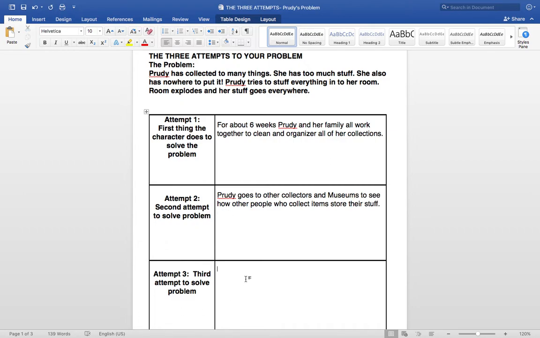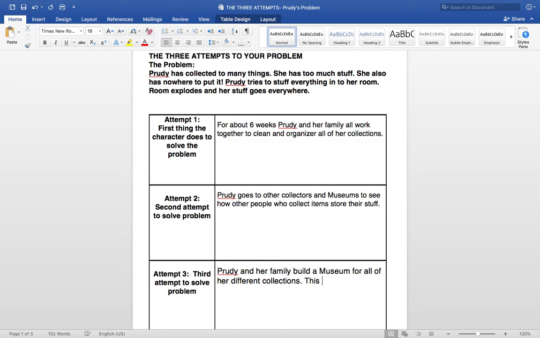And so the last thing that Prudy and her family do to solve this problem of having too much stuff is, Prudy and her family build a museum for all of her different collections, right?